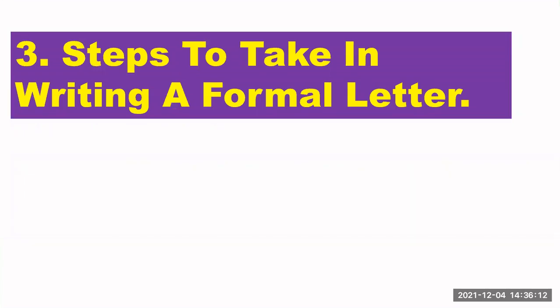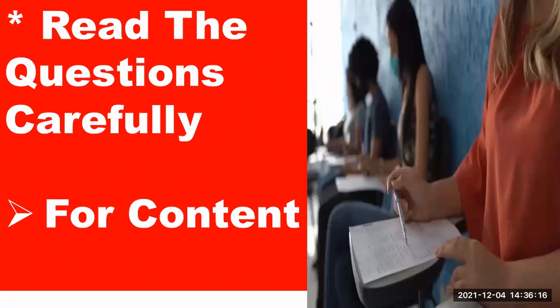Now we are going to look at the steps to take in writing a formal letter. The first thing is read the question carefully for content. All right. Normally, in an English exam, you are given different essay writing topics, and you have the freedom to choose a letter writing question, a speech writing question, an article writing question, a story writing question.